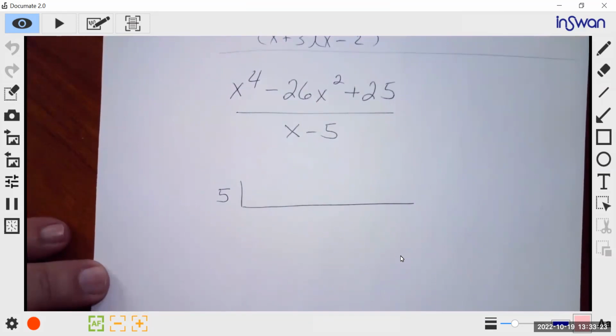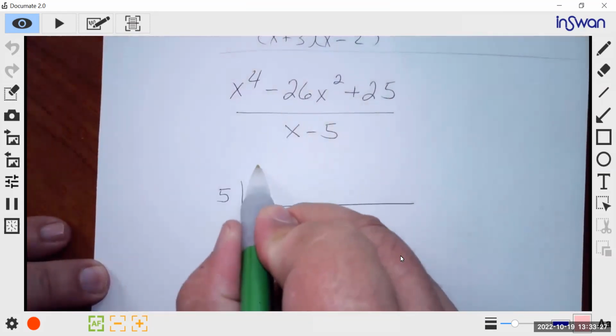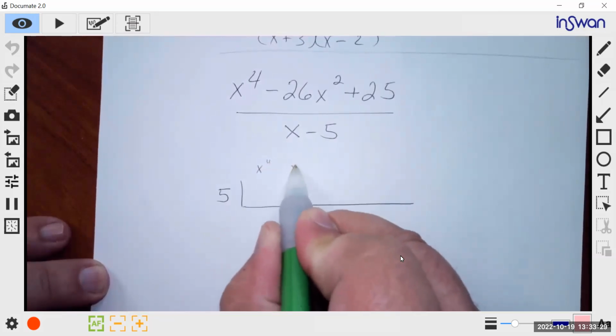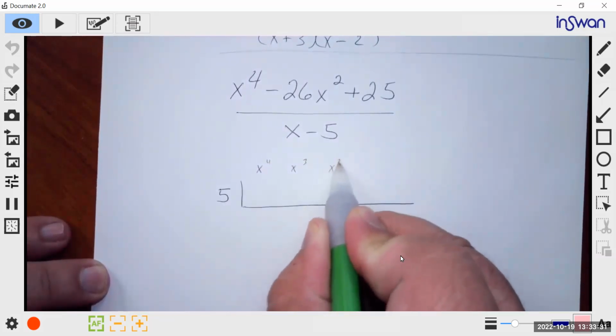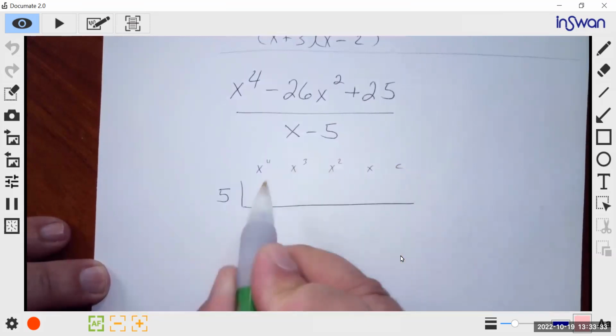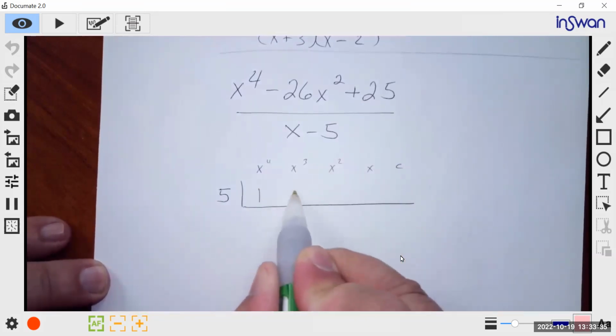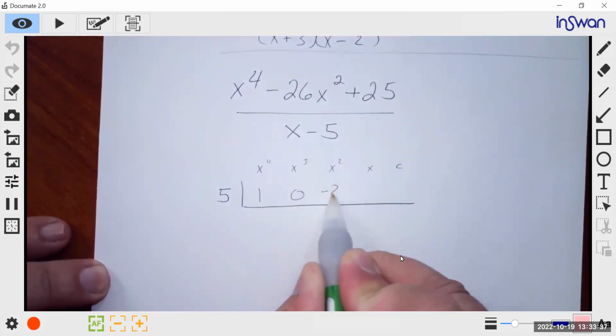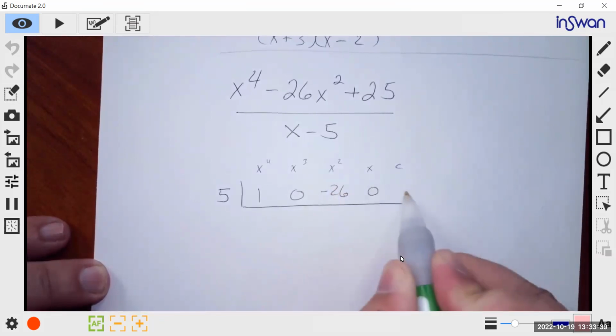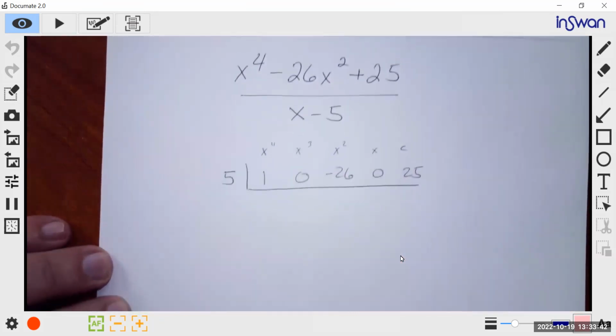Okay, before you go too far, just make sure you set it up correctly. So it's x to the fourth, x to the third, x squared, x, and the constant. So what are the coefficients? 1, 0, negative 26, 0, 25.